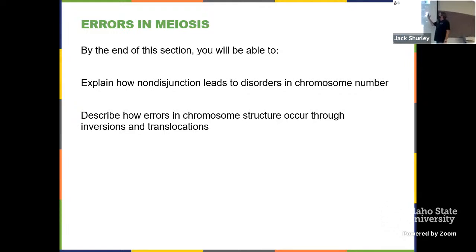So non-disjunction is a situation, and we'll see this in a second, where we don't separate these chromosomes as we should, all right? And it can be a situation in either the first or the second round of meiosis. So either those homologous pairs in the first round, one of them doesn't separate like it should, so now we pull all 4 to one side. That's a big issue, all right?